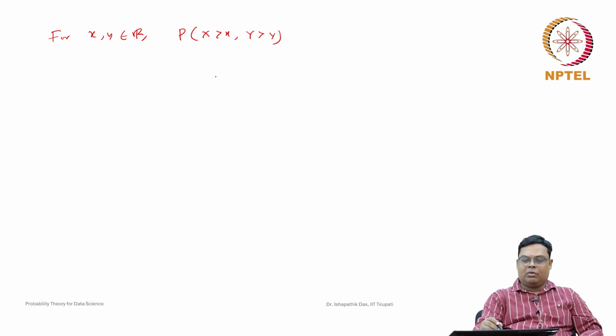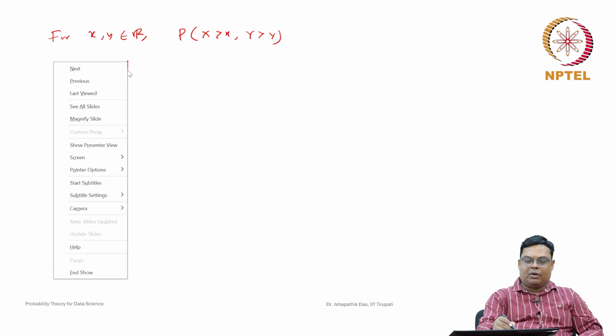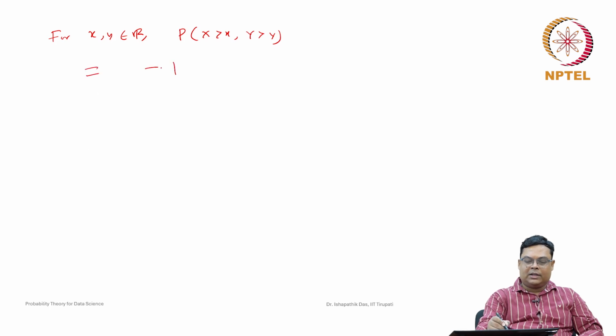So, how can we find this probability of X greater than x, Y greater than y? Suppose we do the complement of this, so this will be 1 minus the probability of X greater than x, comma Y greater than y, complement. First of all, we write down the event: the probability that X greater than x complement intersection Y greater than y.